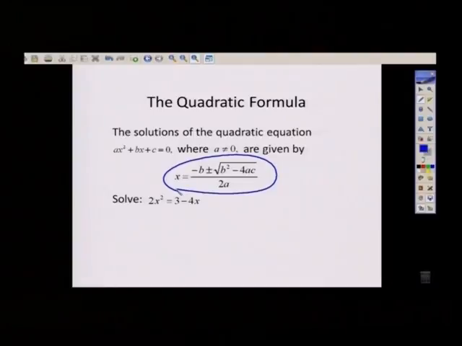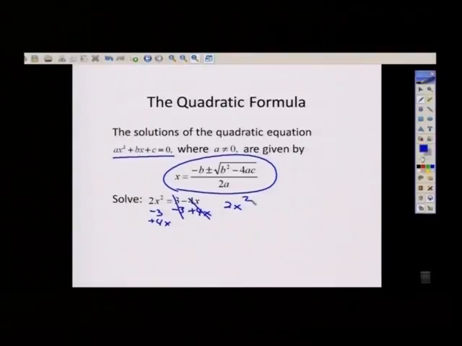But before we can solve the quadratic equation and use the quadratic formula, we have to make the equation equal to 0. So that means I need to subtract over the 3 and add over the 4x. Now granted, I could have just subtracted over the 2x squared, but I like having my ax squared be a positive number.